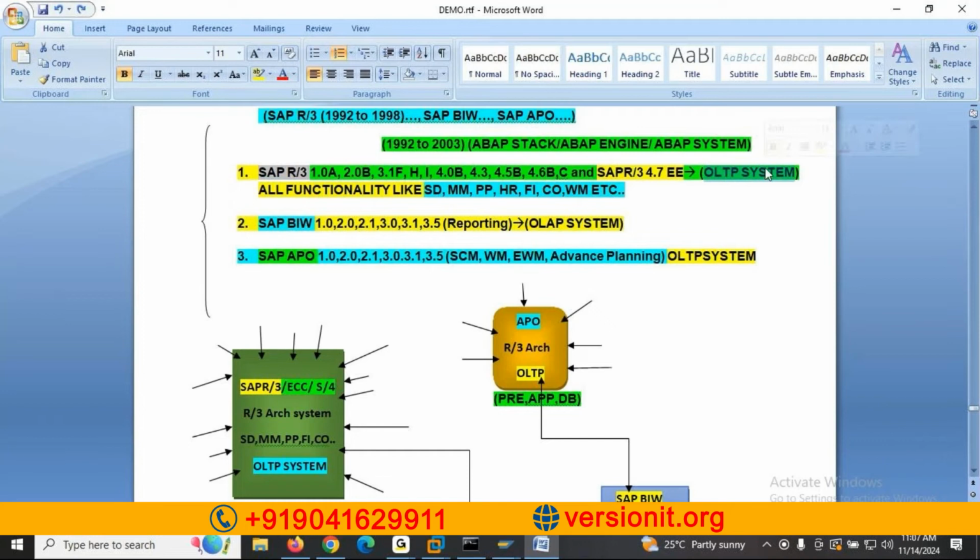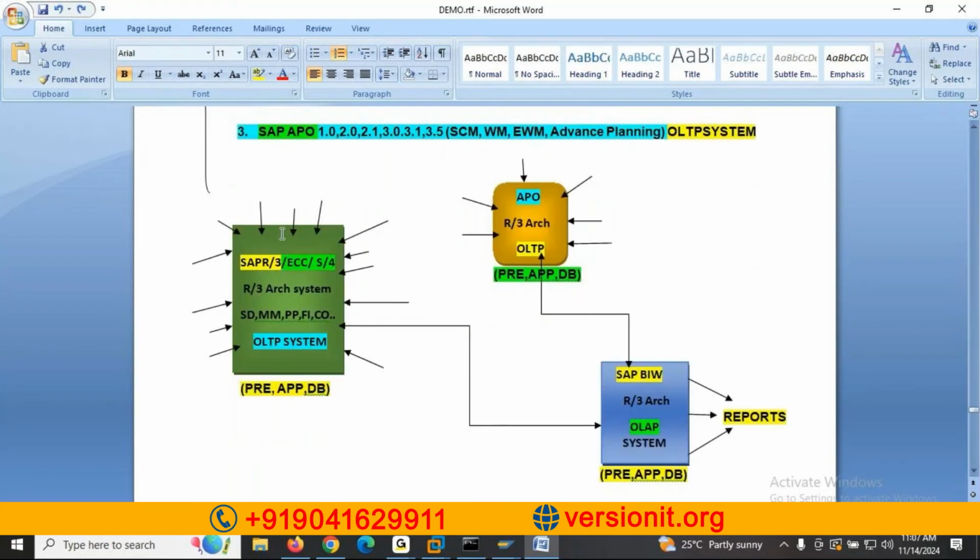OLTP stands for online transaction processing system.